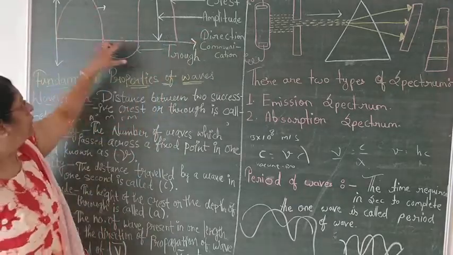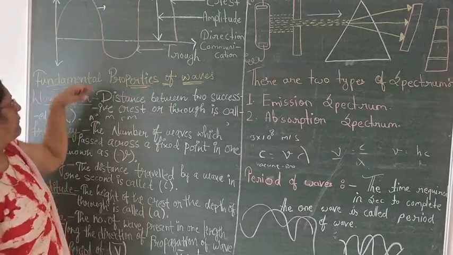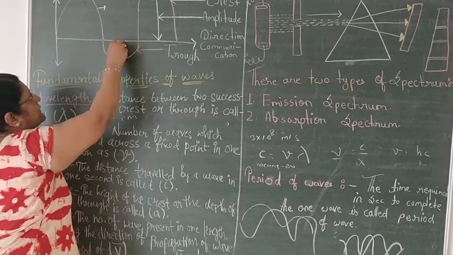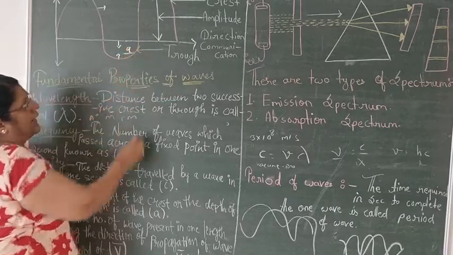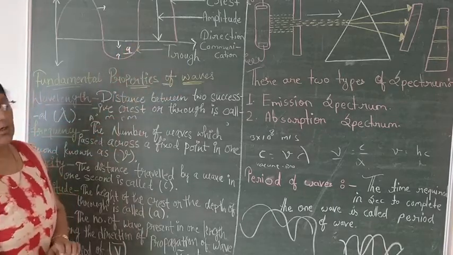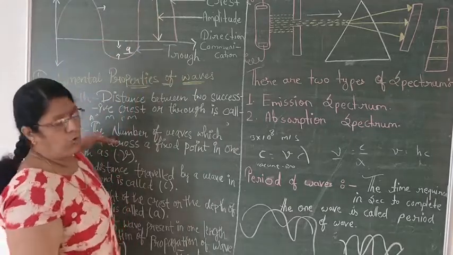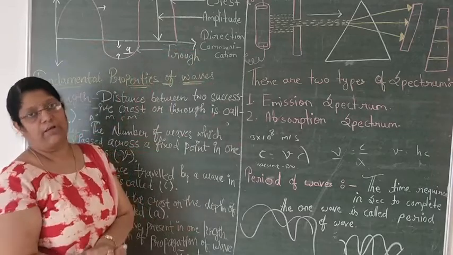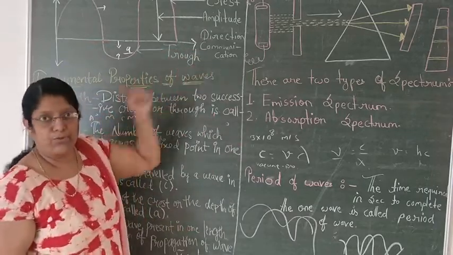Crest and trough are forming the wave. The distance between maximum crest and maximum trough, denoted by A, is the amplitude of that particular wave. That is known as amplitude.